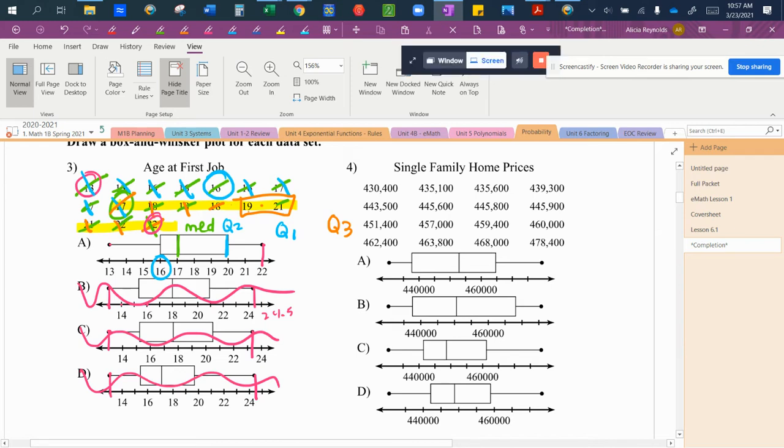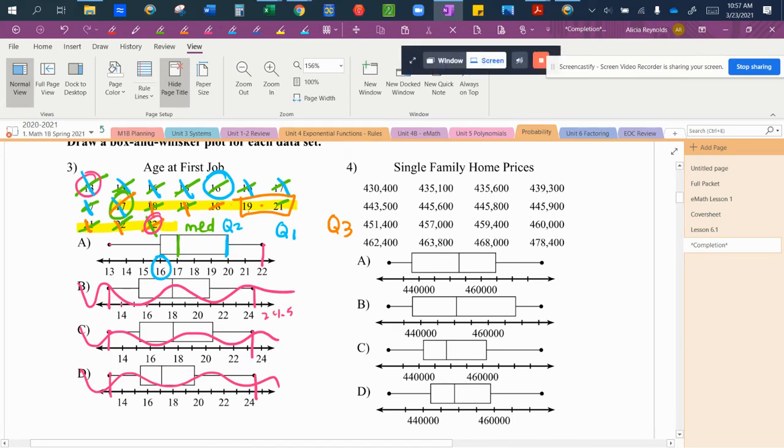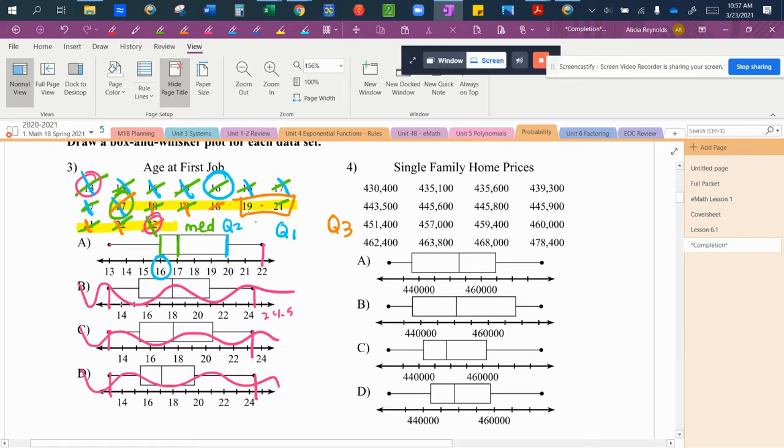Because I have an even number of values, I end up with two numbers in the middle, but because they're both 16, I don't have to do a whole average thing since it's the same number. So that's how we know that is 16. Now for Q3, that part was a little bit trickier because I have 19 and 21. But the middle of 19 and 21 is 20. That's how we get Q3 there.